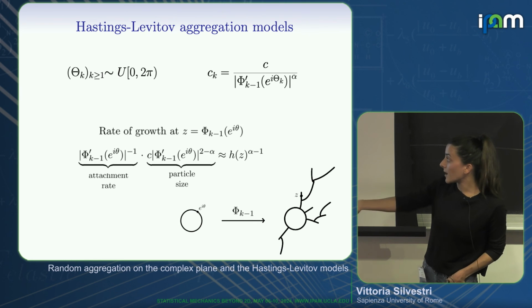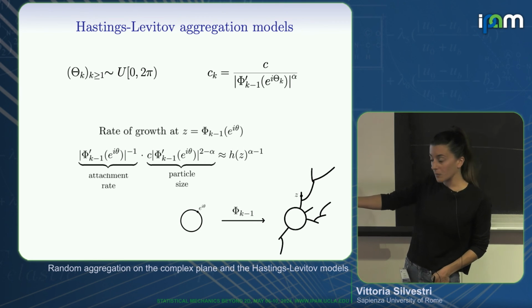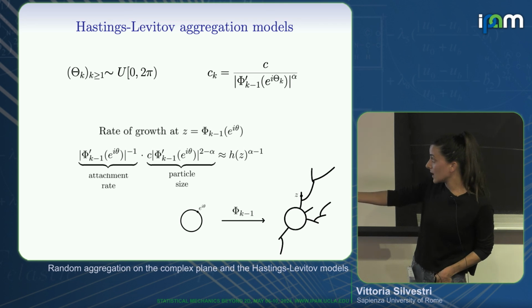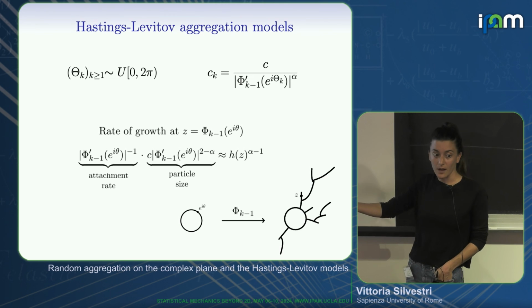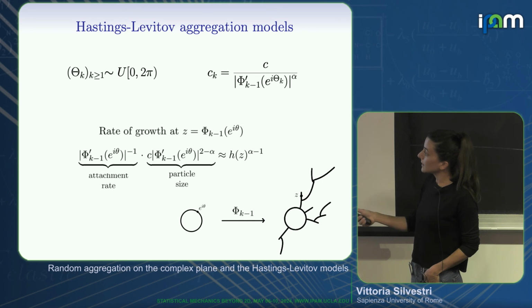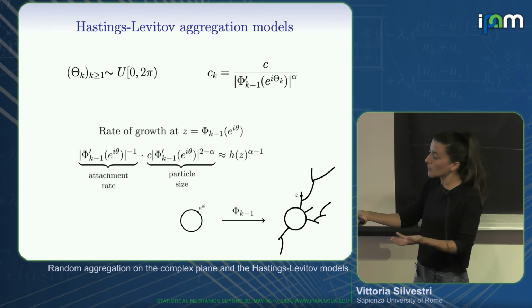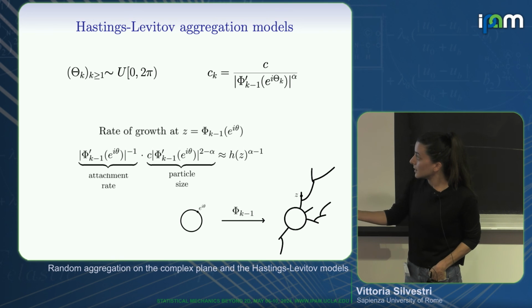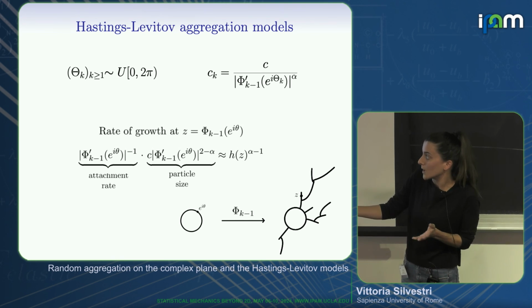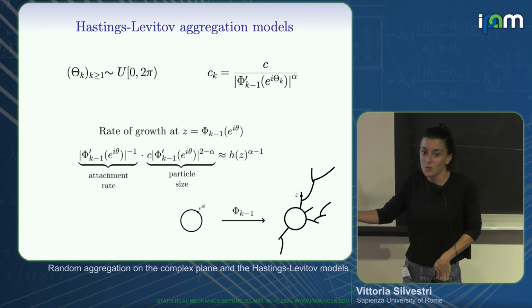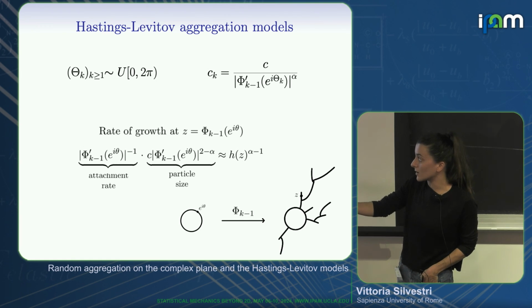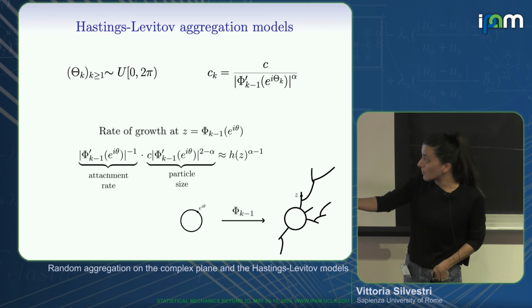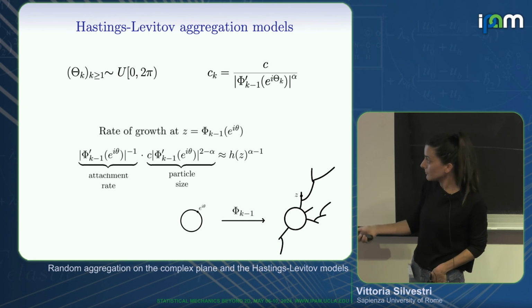Well, the rate of growth is roughly the attachment rate, the arrival rate of particles at this location, times the size of the particle that arrives at the location. And the attachment rate, well, it's the harmonic measure. So per unit length, the density of harmonic measure is, this is an easy computation using conformal invariance of Brownian motion, this factor here, the inverse of the modulus of the derivative of your conformal map on the boundary.